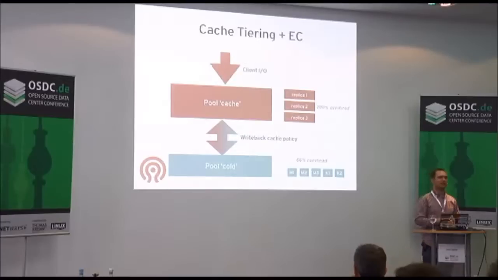And then any data which doesn't get touched for a long time gets migrated transparently within Ceph to the cold pool. And there are configurable cache settings here for how many objects you want in your hot tier and how long things have to be there before they can get migrated and so on. But for a lot of workloads, that gives you a really great balance of efficiency of use of storage and flexibility and speed for the stuff that you access often.